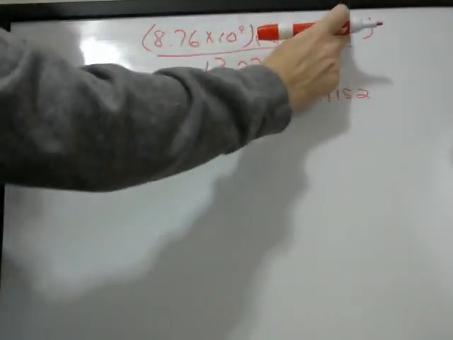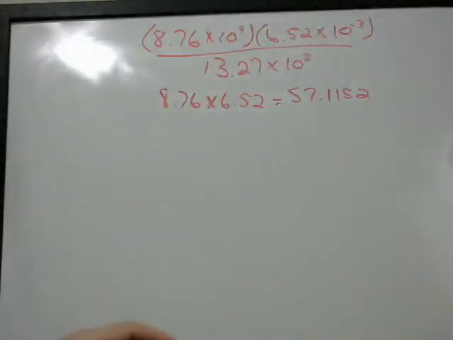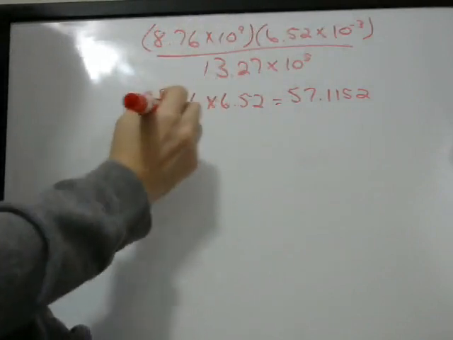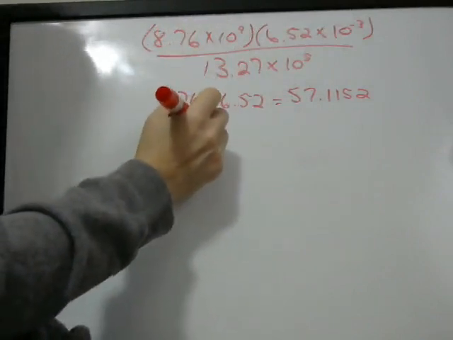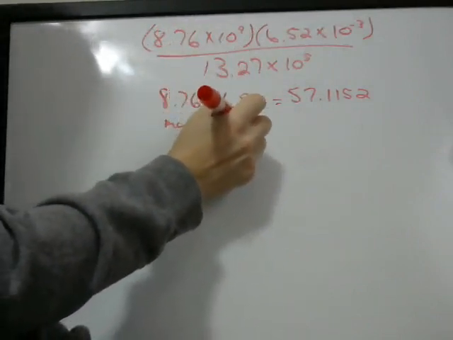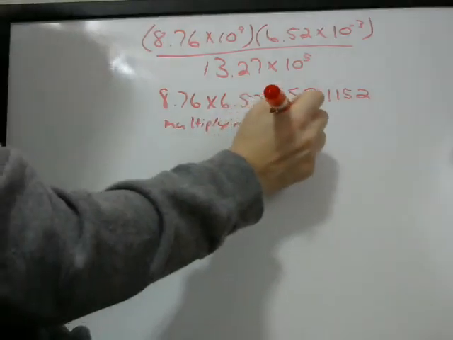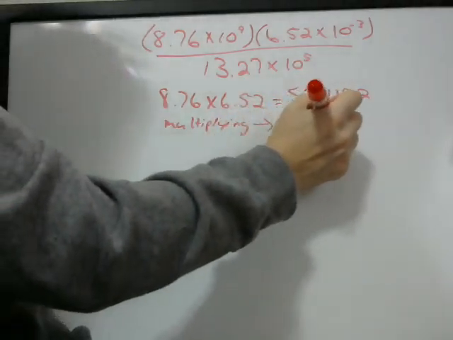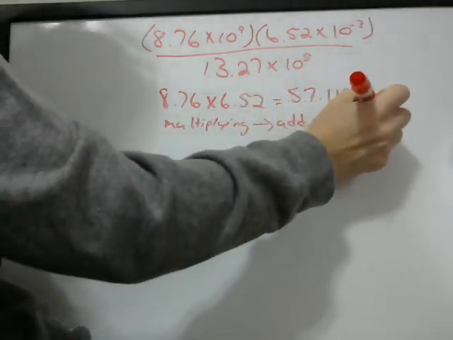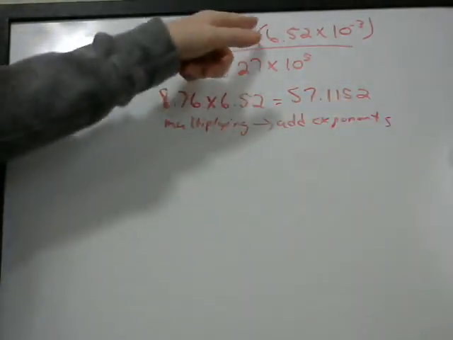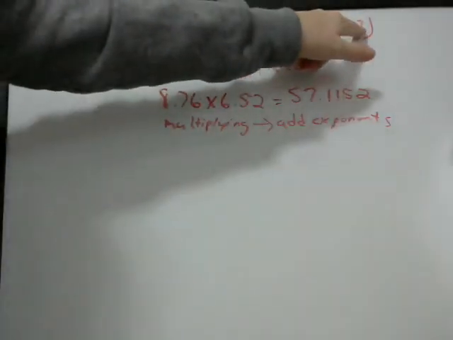Now we have to deal with the 10 part, right? So whenever you're multiplying, you're going to add the exponents. So here we have a 9, here we have a negative 3.